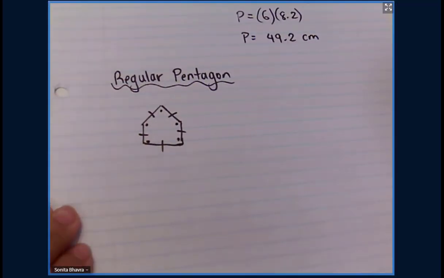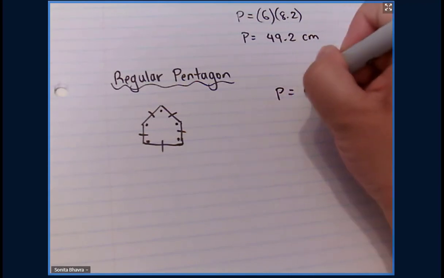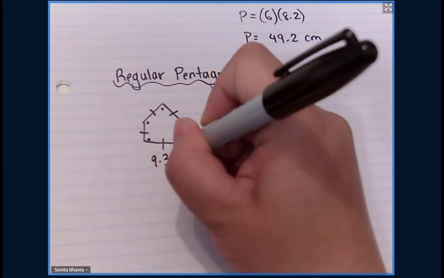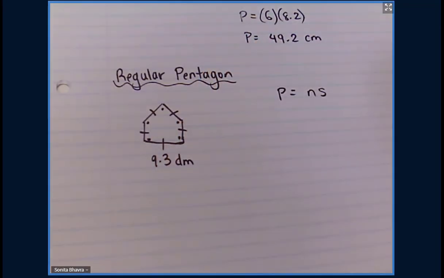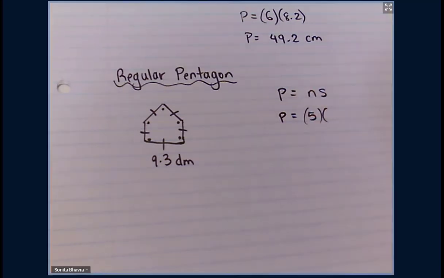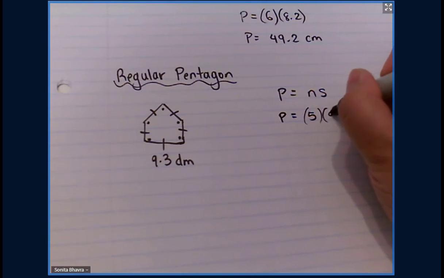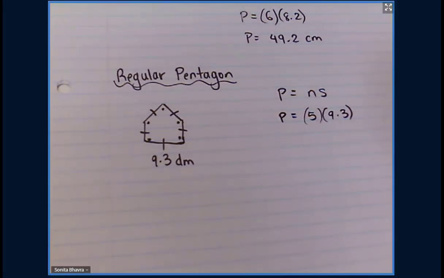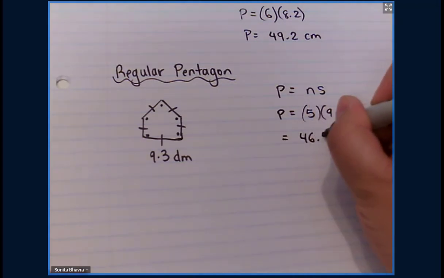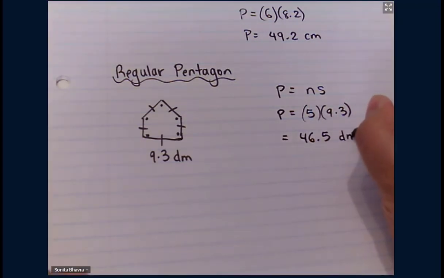Okay, that's what regular means when we talk about these polygons. All right, so in this case, it's still P equals NS, right? But number of sides this time, there's 5 sides. And let's say the measurement is 9.3 decimeters. So P equals number of sides is 5, and the side measurement is 9.3. All right, and then you would just multiply those out and get 46.5 decimeters.